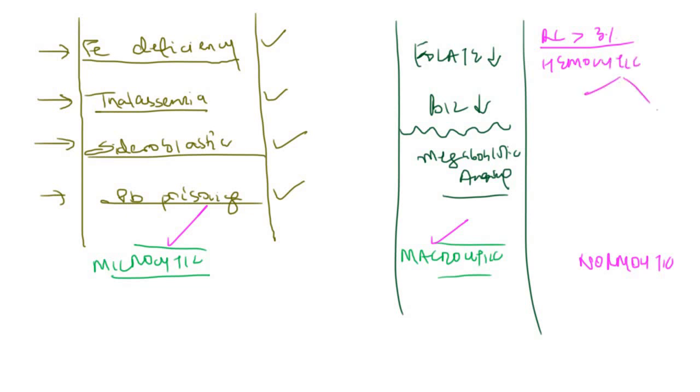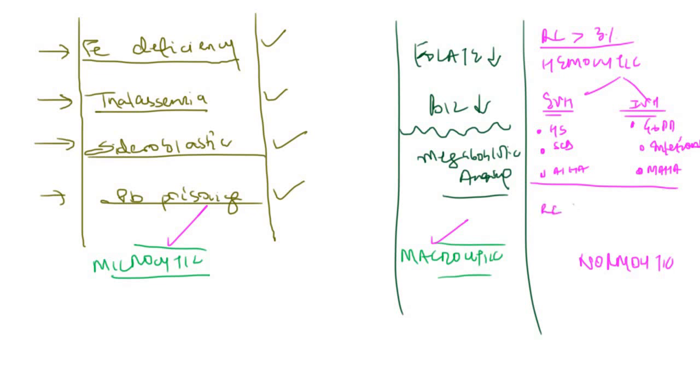Hemolytic can be extravascular or intravascular, with different subtypes and examples: extravascular in hereditary spherocytosis, sickle cell disease, and some autoimmune hemolytic anemia; intravascular in G6PD deficiency, infections such as malaria, and microangiopathic or macroangiopathic hemolytic anemia. If the reticulocyte count is less than 3, then it is non-hemolytic anemia, which may be seen in cases such as bone marrow depression, such as aplastic anemia, and so on.